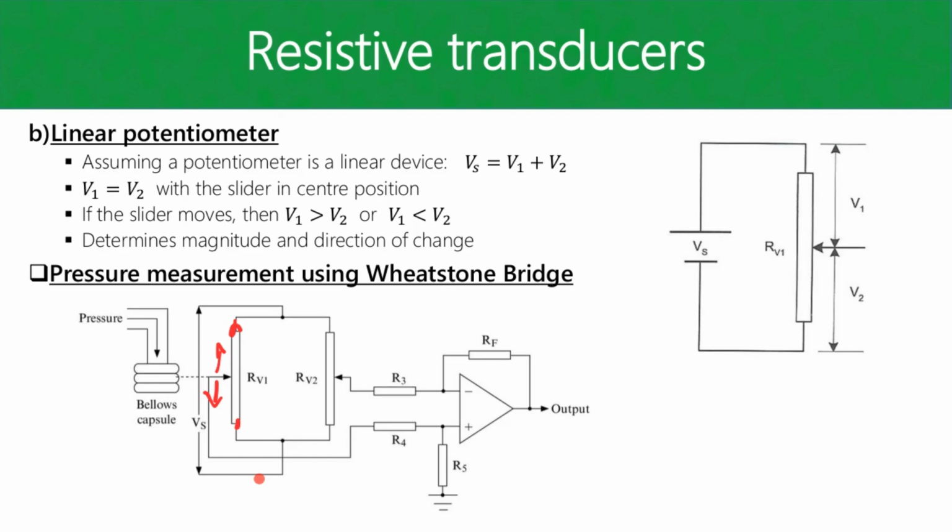The nice thing about a Wheatstone bridge is you can use a differential amplifier to measure these voltages, and you don't have to worry about grounding. Believe me, if you want to build these circuits, grounding can become a bit of an issue.